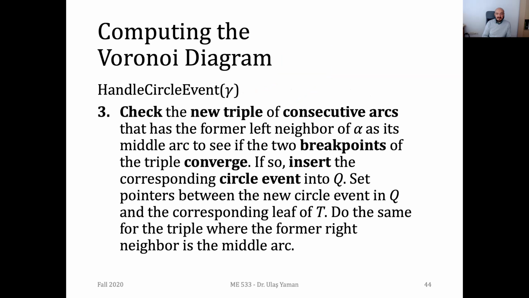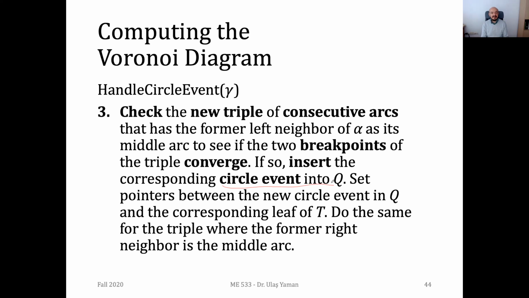And this is, as far as I remember, the last step. Again, as in the case of handling site events, we need to check whether we have new circle events. Since after you have done some modifications, you may come up with a new circle event.